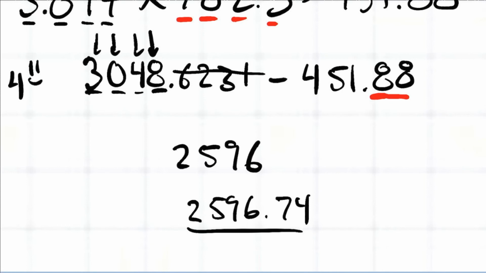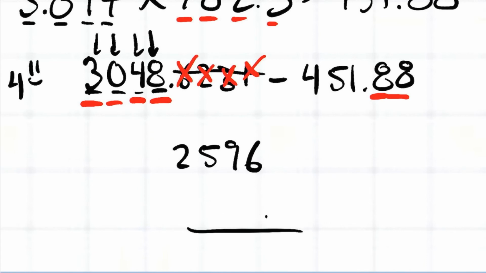We don't have any significant decimal places because these are our significant figures. These last ones are not significant figures. So it's 0 significant decimal places. So then our answer would be, actually I shouldn't have erased this whole thing.